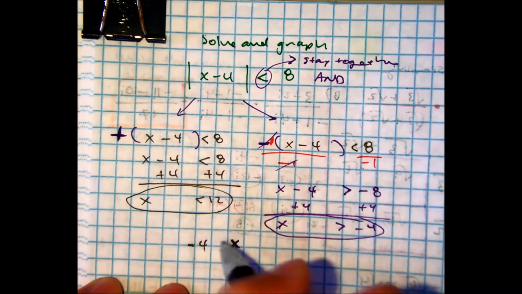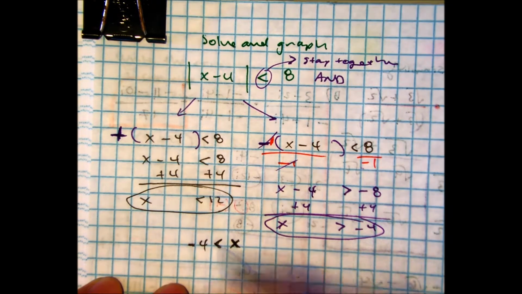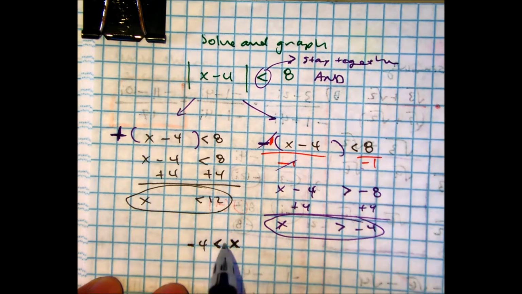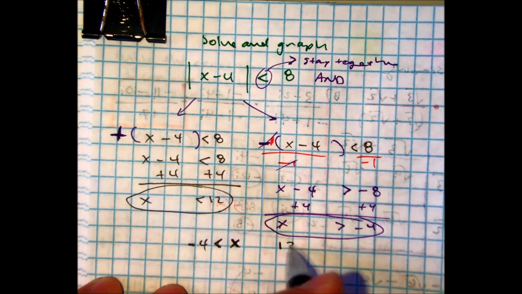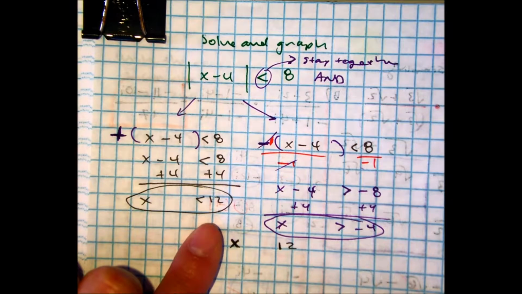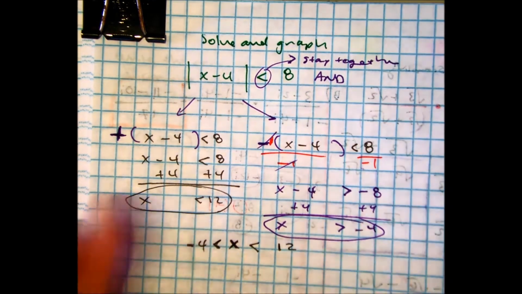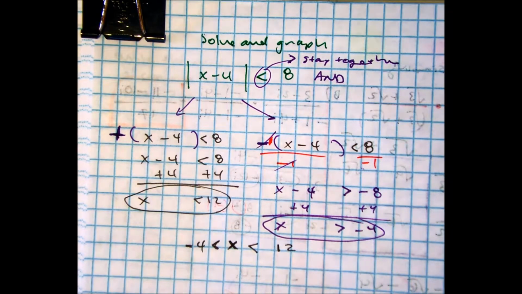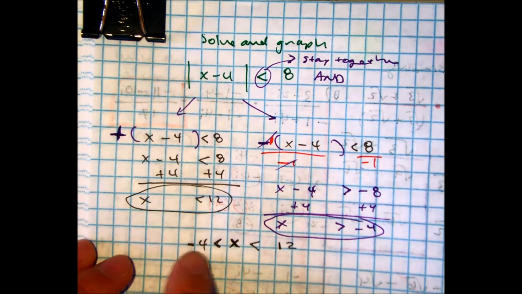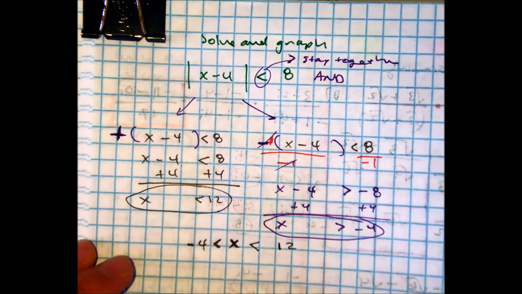Less than. Do you see how it's pointing towards the -4? Bigger number on the right. What inequality? Less than. Raise your hand if you got x, -4 is less than x, less than 12. Good.